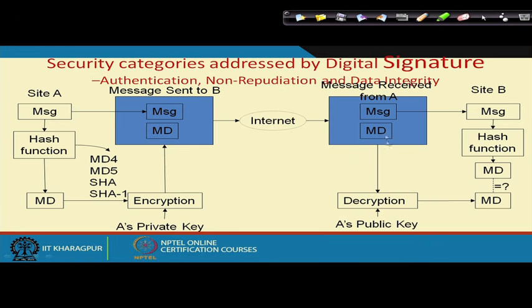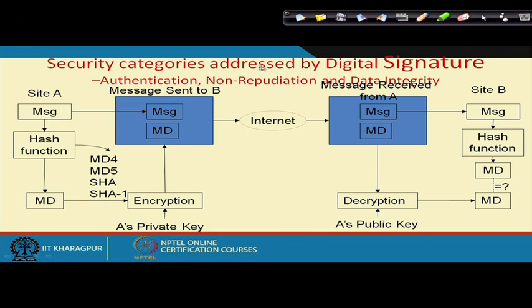So, if it is getting decrypted and this matching happens, it means the key using which it was encrypted belongs to A, and because A's private key is known only to him and to nobody else in the world, this particular message digest was sent by A. So, B can now be sure that it is actually sent by A, not by somebody else.